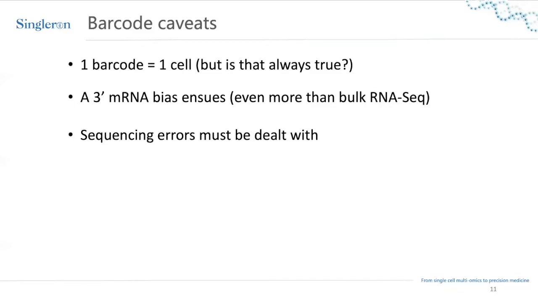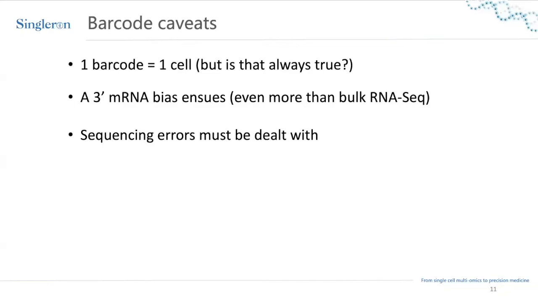And the third thing is that you have to deal with errors. Of course, the experiments are not 100% perfect. Whenever you are dealing with DNA or RNA nucleotides, you always have to deal with some errors that are going to happen along the way, either from the environment, where base changes occur just due to oxidation, PCR errors when you are amplifying your libraries, or even sequencing errors.